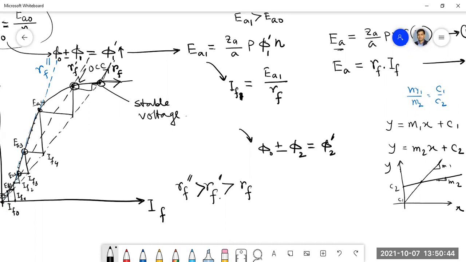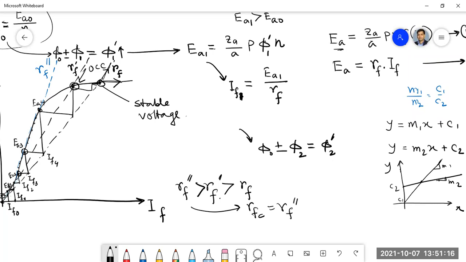So this particular value of field resistance for which we are getting an unstable voltage, for which the straight line corresponding to the RF becomes tangent to the OCC curve, is called the critical field resistance. So that is the definition.